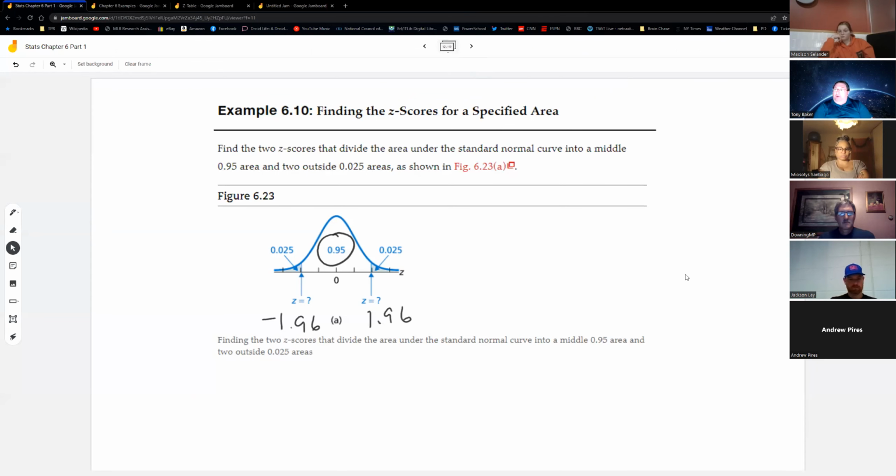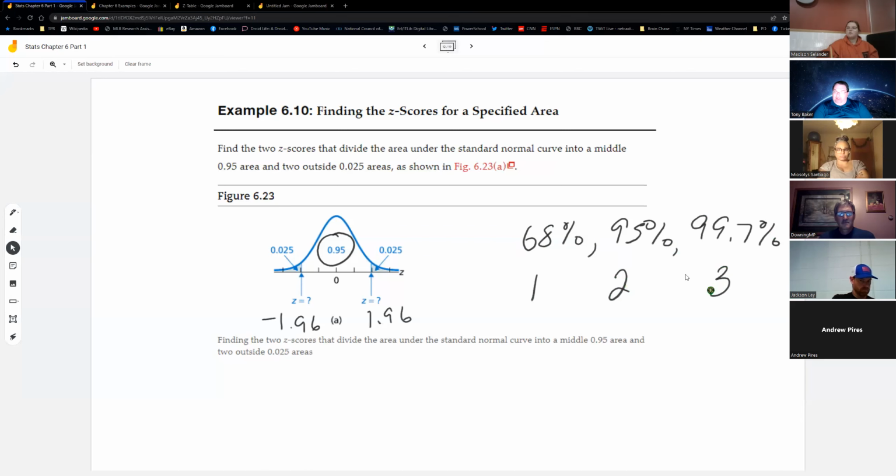We were looking at the empirical rule. One of the questions on the last test, not this test, was about the empirical rule, and there were 3 pieces to it: 68%, 95%, and 99.7%. This was 1 standard deviation, this was 2 standard deviations, and that was 3 standard deviations.